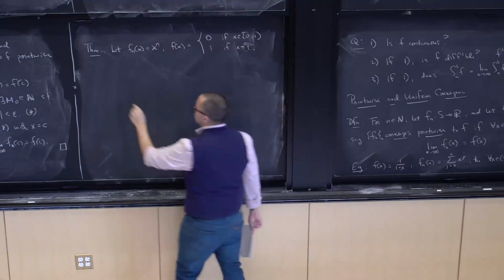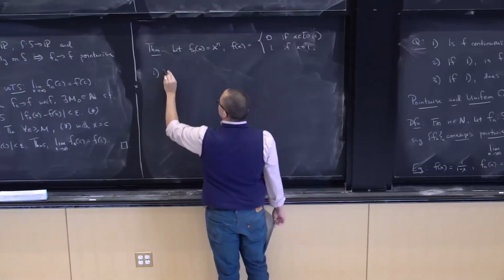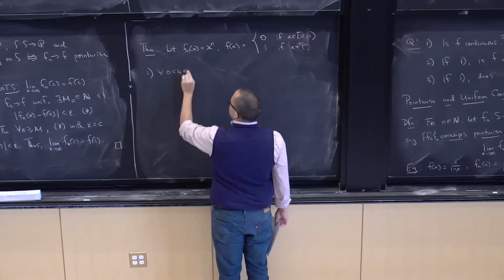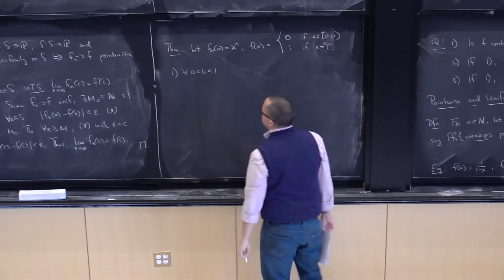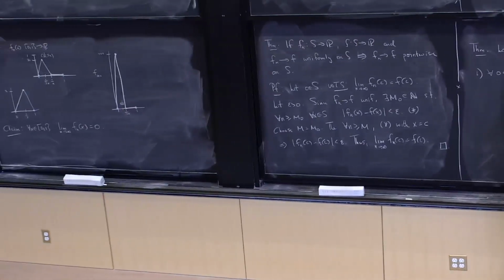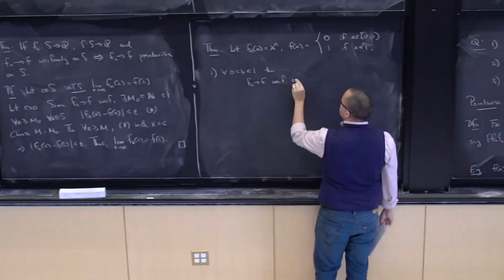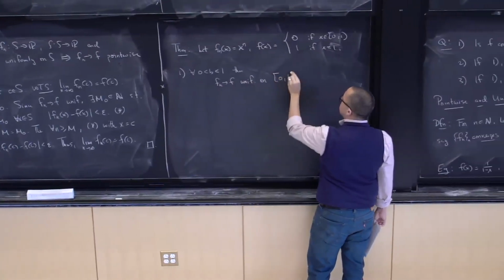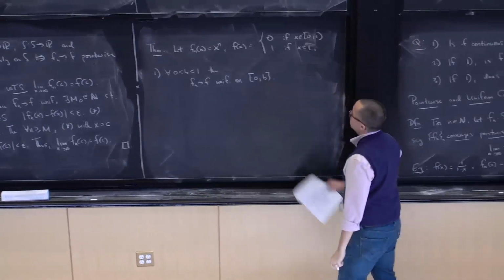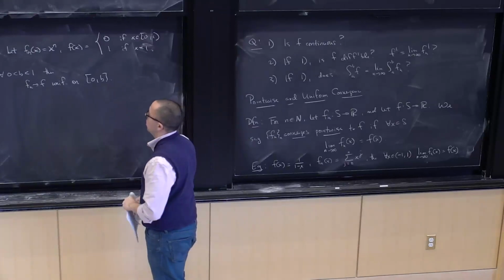And so what we'll prove next time is the following. If I take any b between 0 and 1, then fn converges to f uniformly on the set [0, b]. Okay, so these functions are defined on [0, 1], so they're certainly defined on [0, b] for b less than 1.